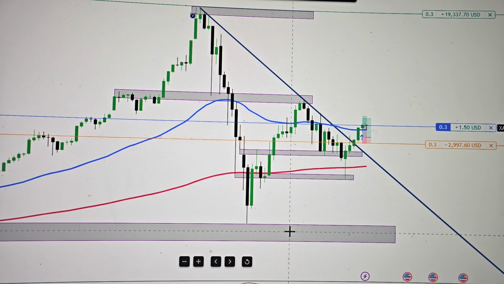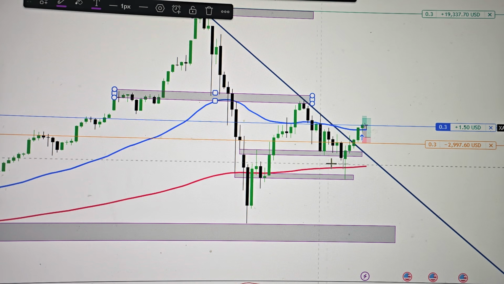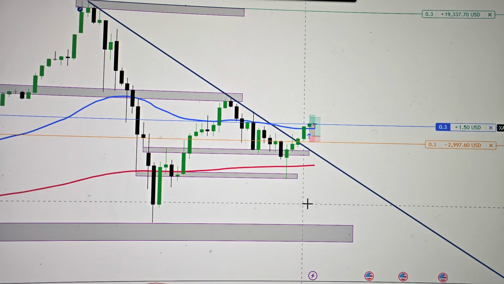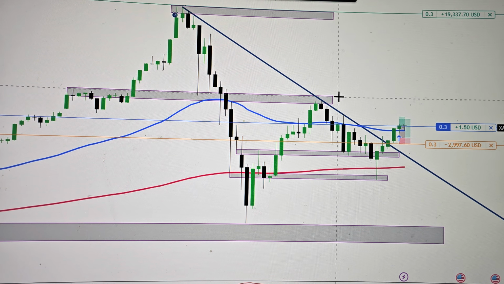I think we have the two major external zones, these two, and then these two internal zones. So we said it could be in between these zones, or it could come down, or it could go back up somewhere to this zone.